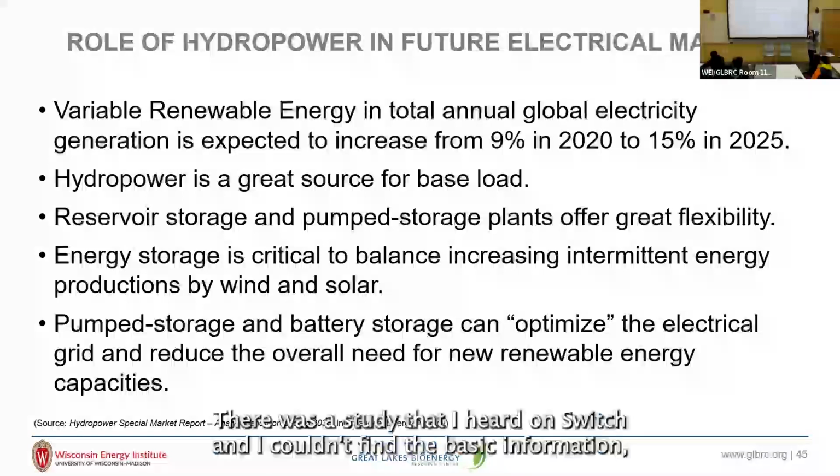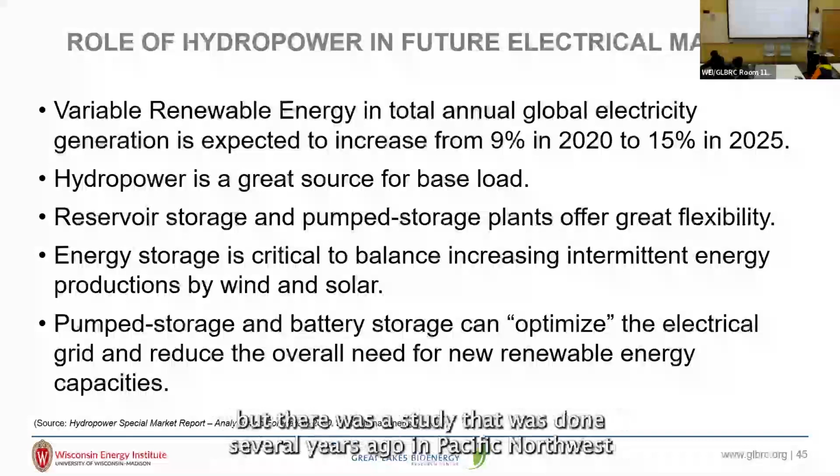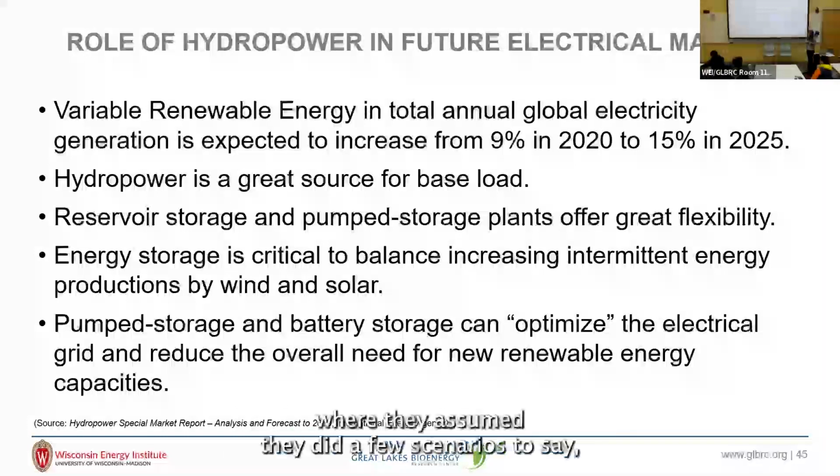There was a study that I heard, unfortunately I couldn't find the base information, that was done several years ago in the Pacific Northwest, where they did a few scenarios to ask: what is the maximum installed capacity I need in this region if I install wind and solar, projecting the energy demand by 2035, for example?